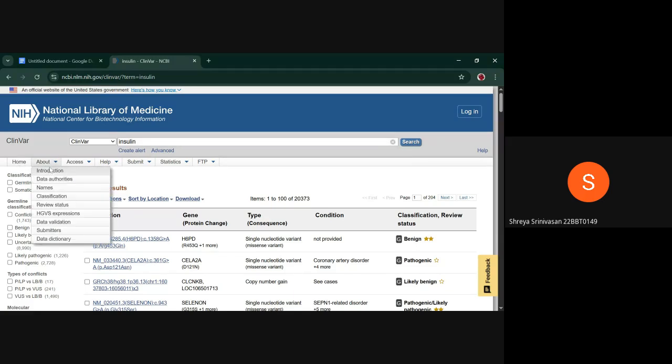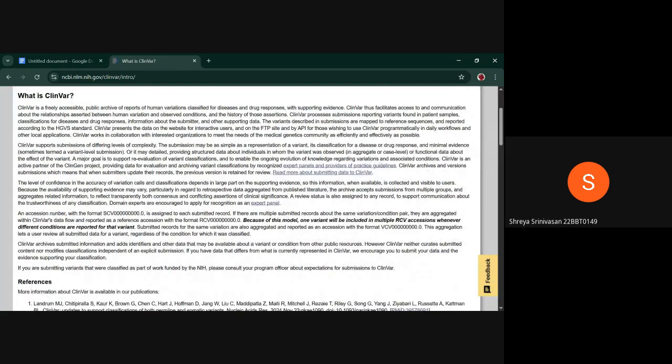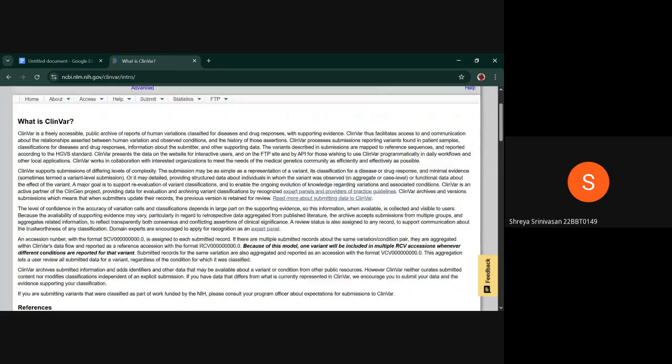Yeah, so you go to the About page here, and you get the introduction to what this ClinVar database actually is about. As you can see here, it is mainly to give you information about different diseases and pathogens, different variants that can happen in your body or in some proteins, which are responsible for causing a disease.